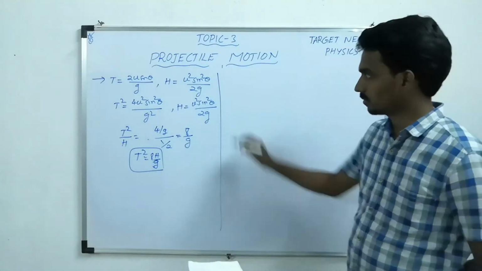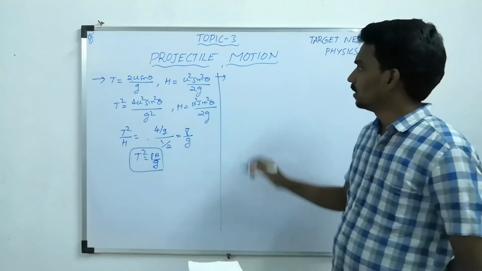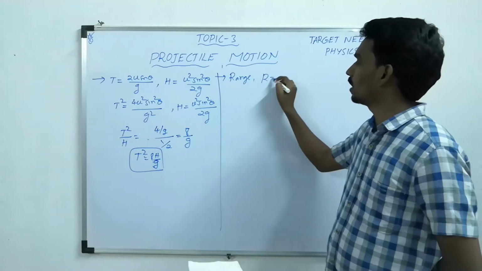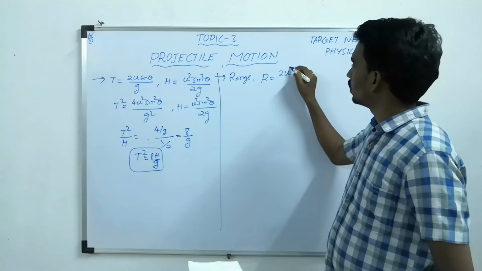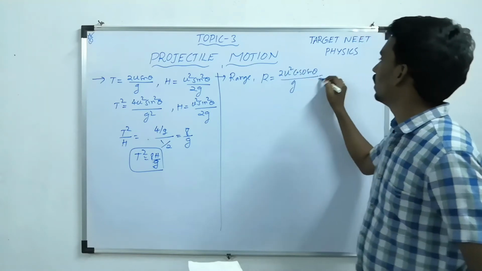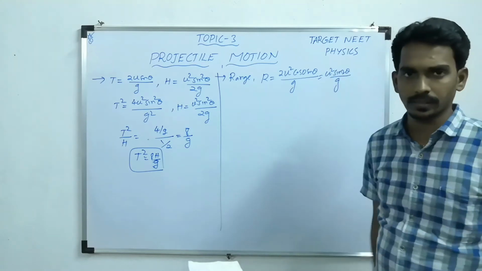Now let us consider one more case in a similar way. Consider range. What is the range formula? Range is 2 u square cos theta sin theta by g, or u square sin 2 theta by g.